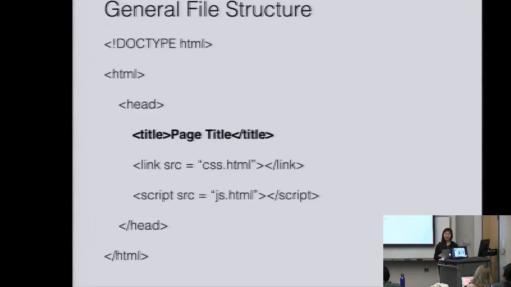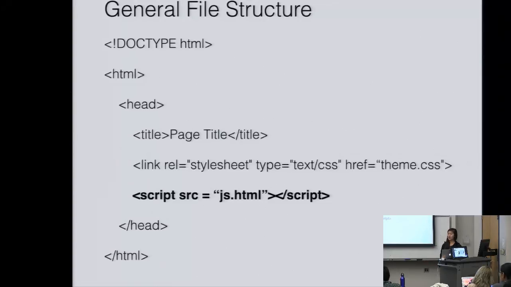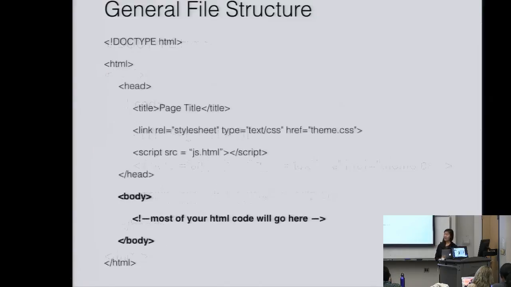Link source is if you have a style sheet, CSS, which I'll go through after HTML. This is where you link it, or else the HTML doesn't know where to go look for its styles. And lastly, if you also know how to do JavaScript, you would also source your JavaScript in the head. After head typically is body, and body is where the rest of your HTML code will likely go.